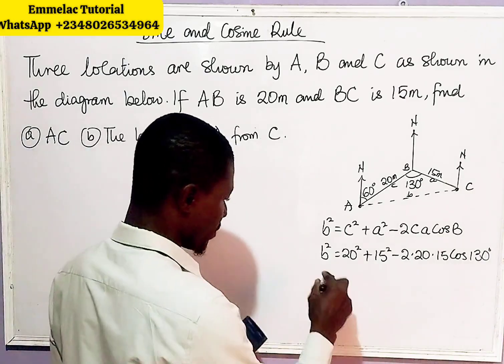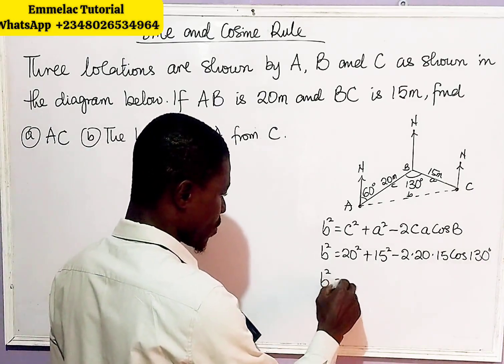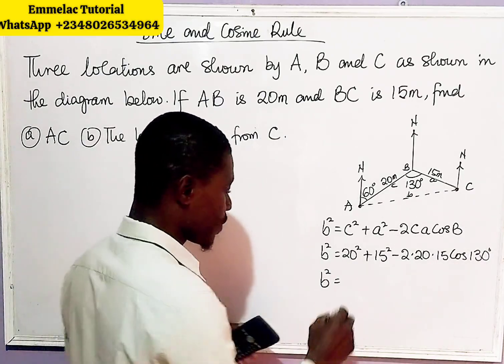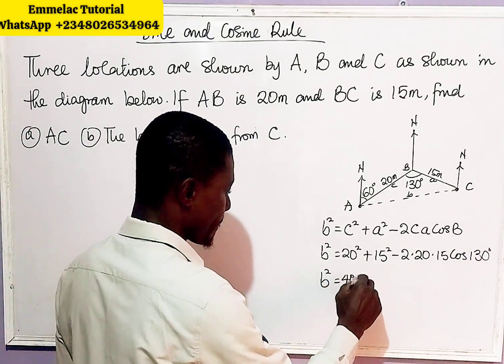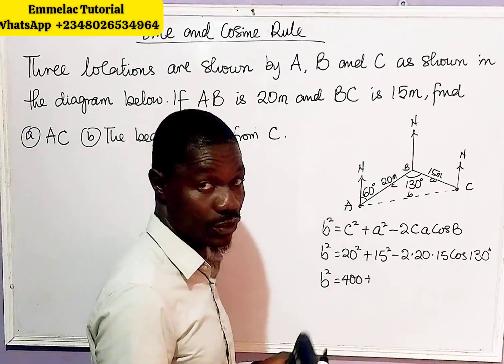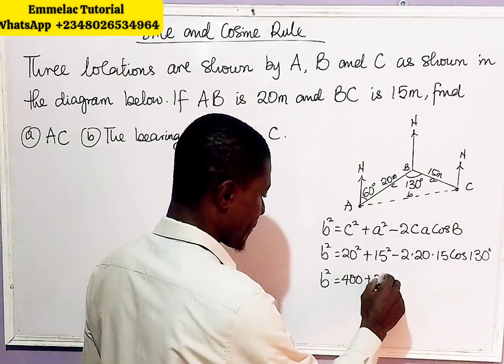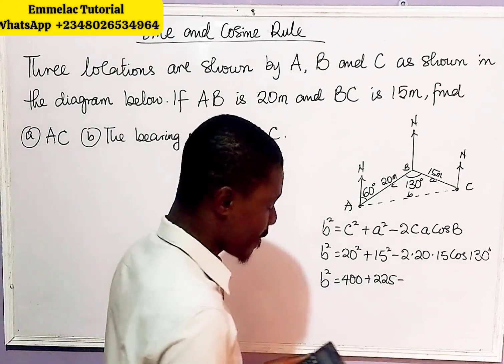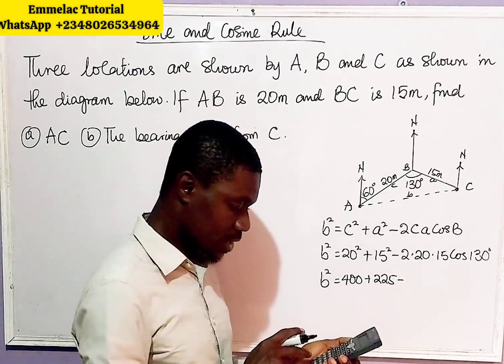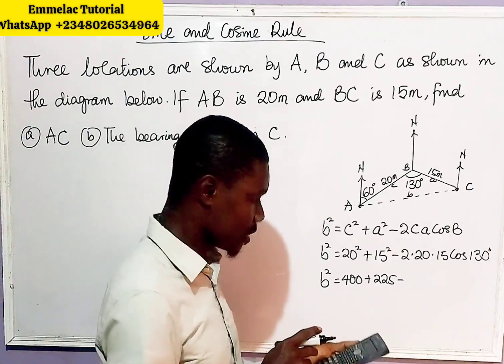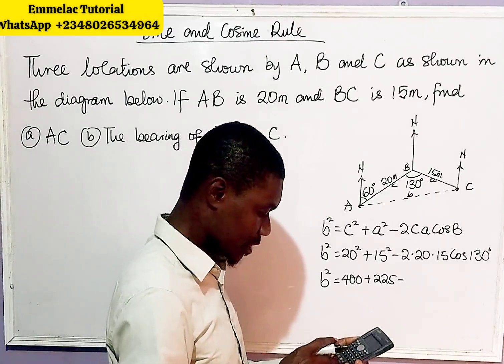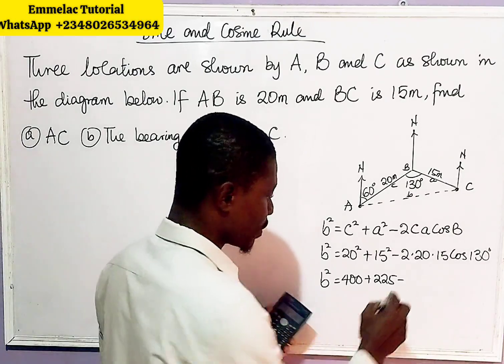So here we have that b squared equals 20 squared, that should give us 400, and 15 squared should give us 225. Then 2 times 20 times 15, that should be 40 times 15, that should give us 600.